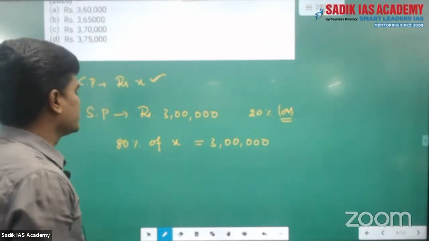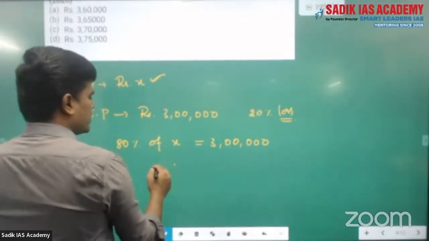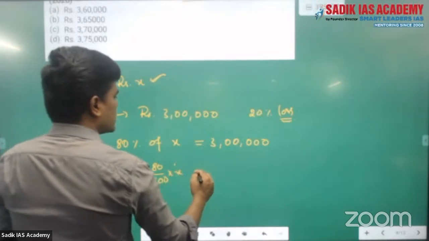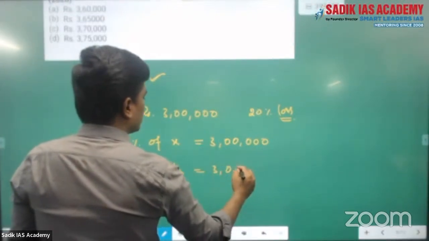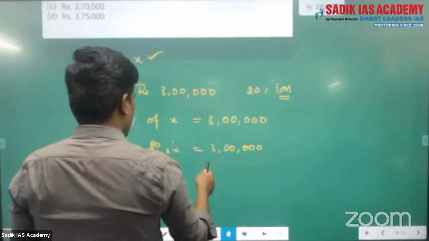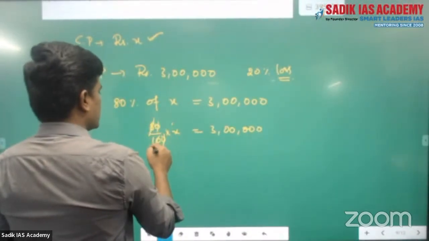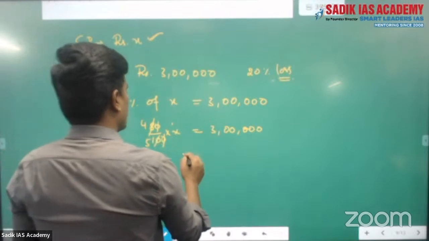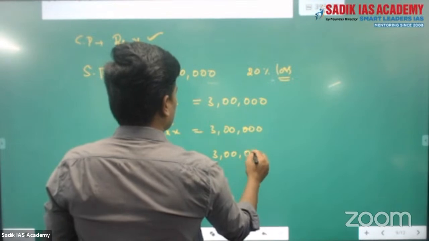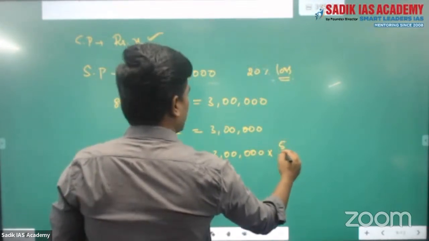So I can answer this. 80% of X means 80 divided by 100 into X, which is equal to 3 lakh. If I cancel this, it is 4 by 5. Therefore, X is equal to 3 lakh into, if I bring this number to the other side, 5 by 4.